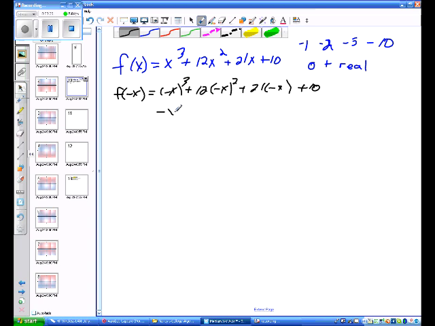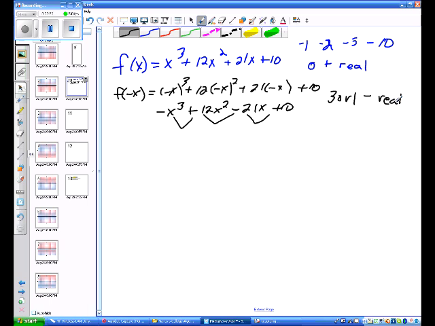So that's going to be -x cubed plus 12x squared minus 21x plus 10. So we change from a negative to a positive to a negative, and a negative to a positive. So we have either 3 or 1 negative real roots.